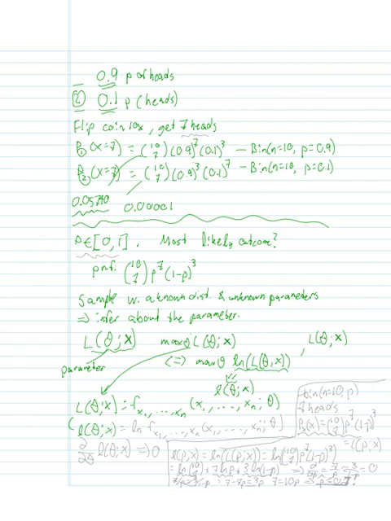So then lowercase l of theta semicolon x is going to be the natural log of this PDF. So to find the maximum for this log likelihood function, we will take the derivative with respect to theta and set it equal to 0.